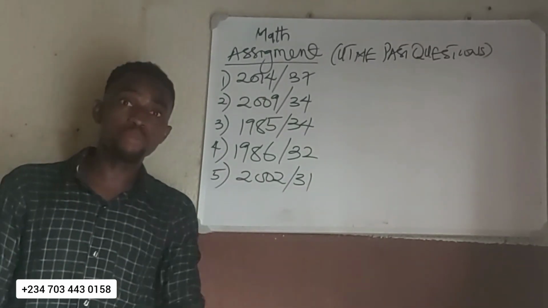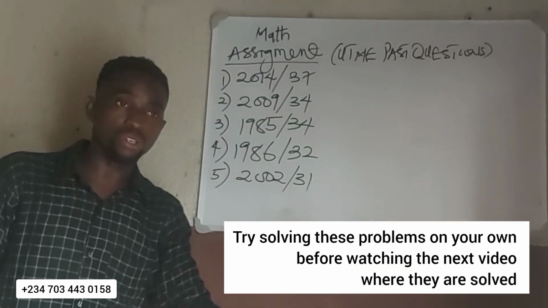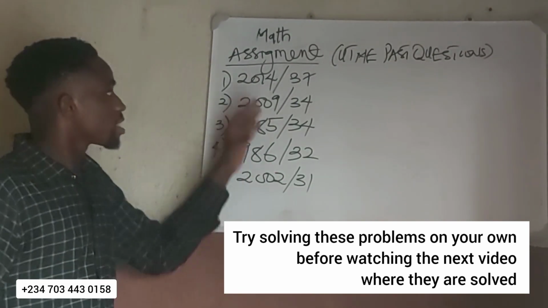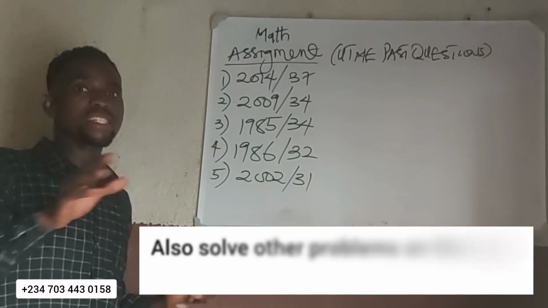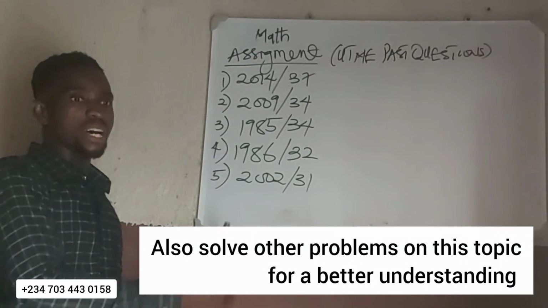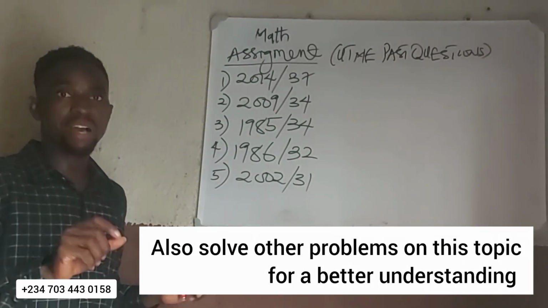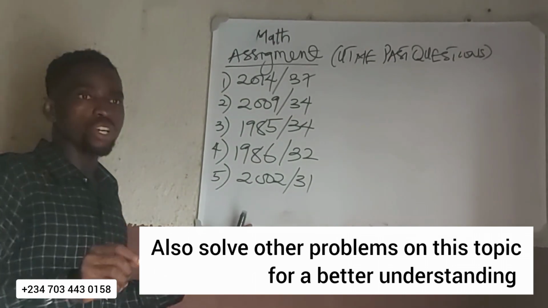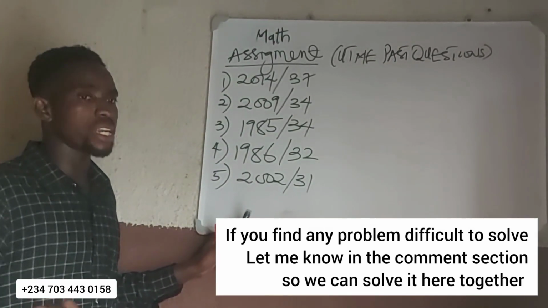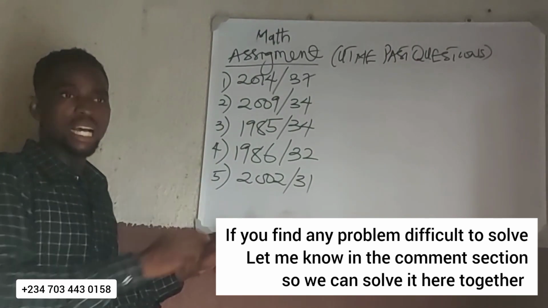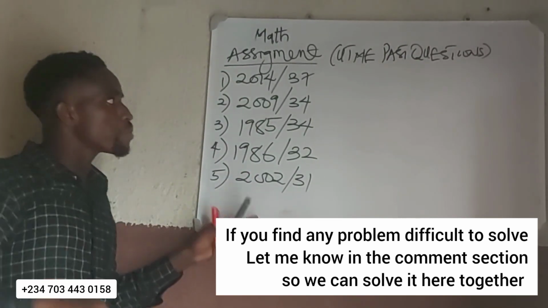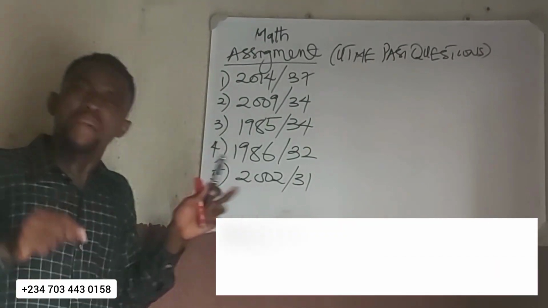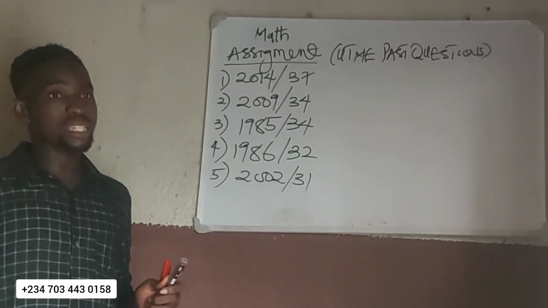Make sure you solve them before you view the next video. Please do not cheat. Try to solve these problems on your own and solve other problems. If there is any question you encounter while solving that you find difficult or tough, make sure you comment on the comment section so that we'll see them and solve them together. But solve these ones. The next video will be the correction to these problems, so make sure you solve them before you watch that next video.